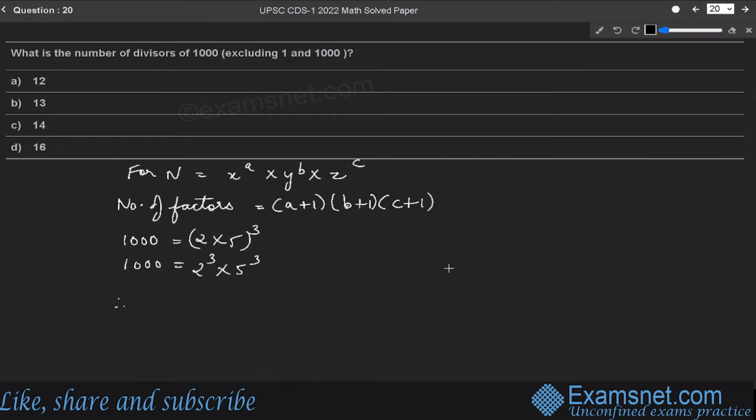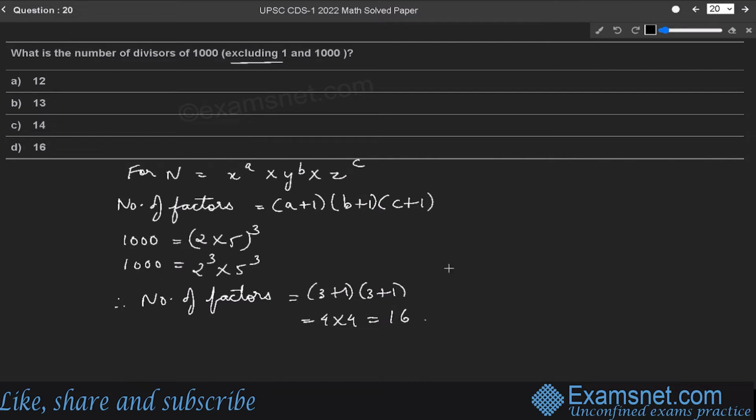Hence the number of factors will be equal to 3 plus 1 into 3 plus 1, which gives 4 into 4, which is 16. So the total number of factors or divisors of 1000 is 16.